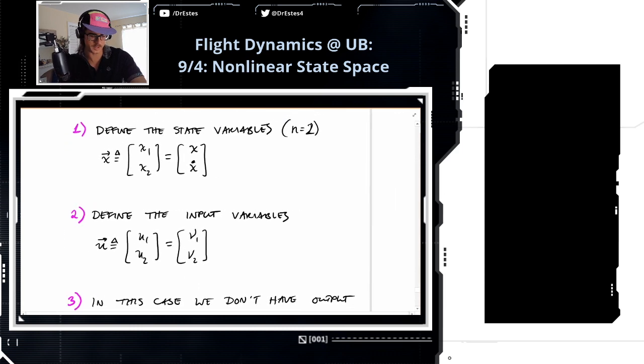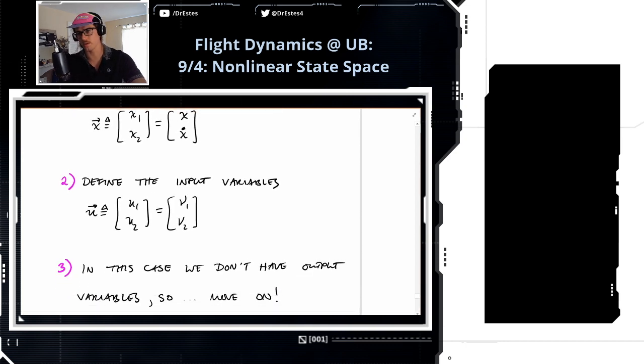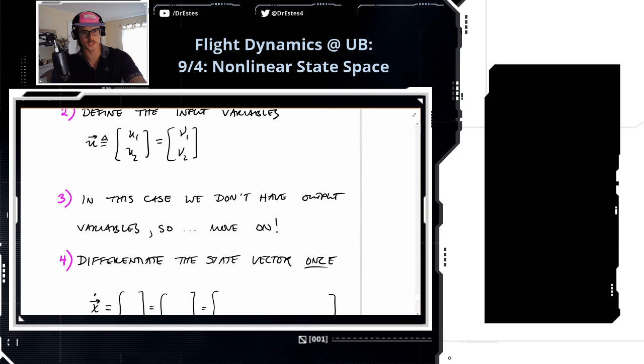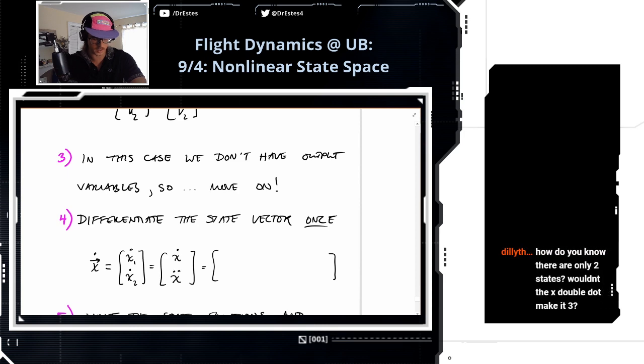Step 3 for me is usually define my output variables, but in this case we don't have outputs in this problem. I just gave you the system dynamics, so we're going to move on. We're going to differentiate the state vector once. So x1 dot, x2 dot, that would be equal to x dot and x double dot.